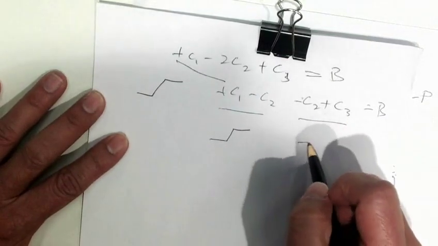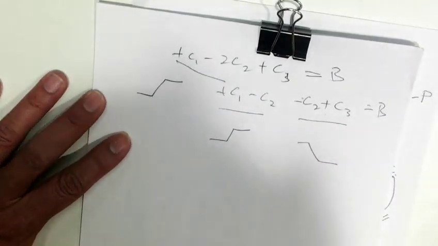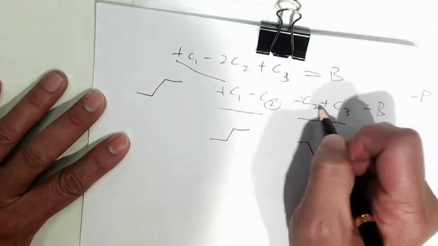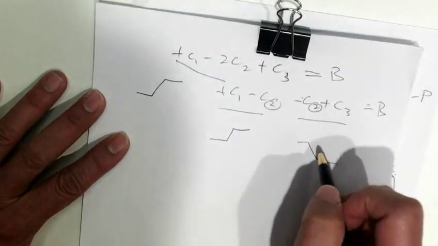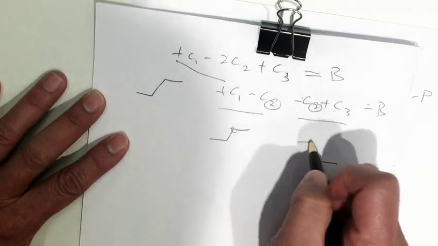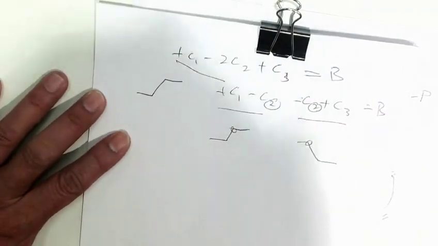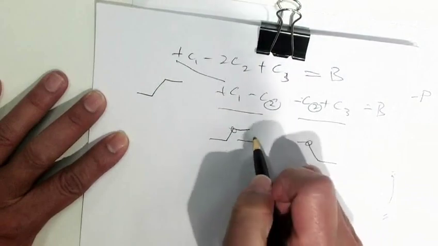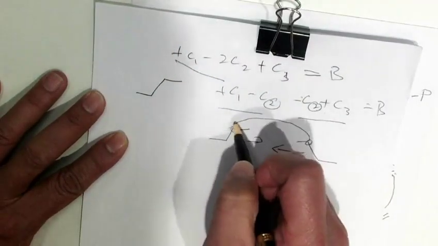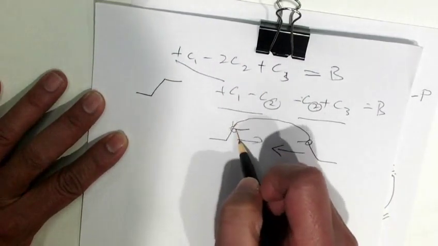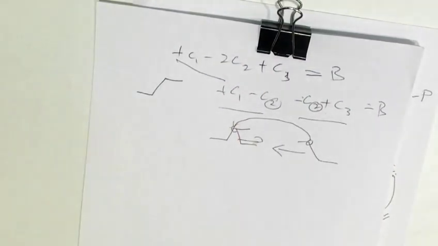This is a bear spread, right? But this is C2 and this is C2. So it means that it's the same strike price. So therefore, this and this is the same, right? Yeah? So if you move these two together to combine them such that this meets this, then it's going to look like this, right? Yes?